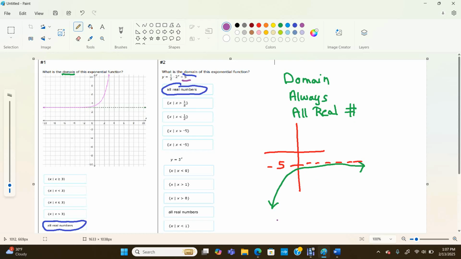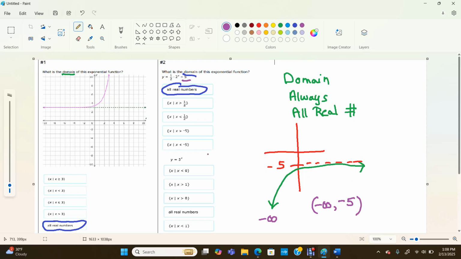So the range is going to be from negative infinity all the way up to -5. And you would write that like this. It goes from negative infinity to -5, but you have to put the parenthesis because it's never going to include that number. These graphs never ever reach that number fully.